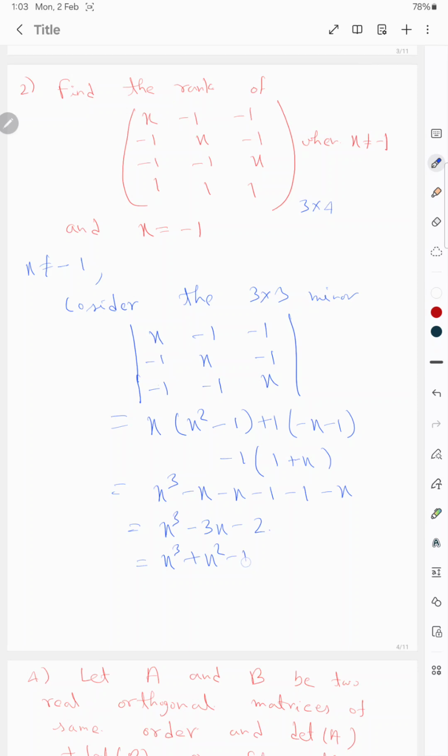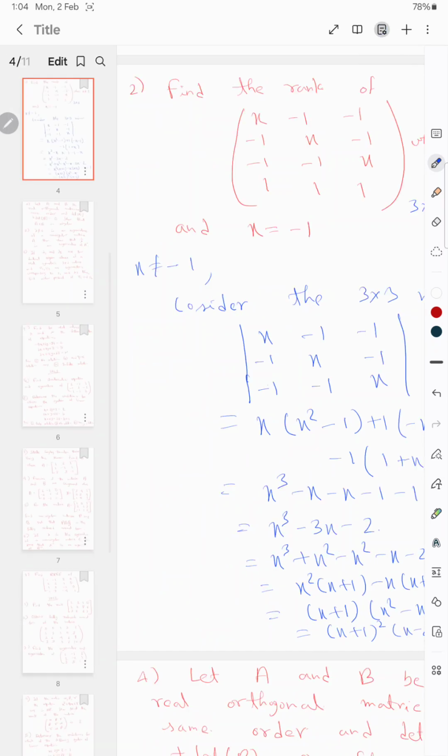So x cube minus x square, plus x square minus x, minus 2x minus 2. From there you are getting x square into x plus 1 minus x into x plus 1 minus 2 into x plus 1. So you have x plus 1 common, then x square minus x minus 2, right? If you do the middle term again, it will be x plus 1 into x minus 2. This type of step you do yourself.